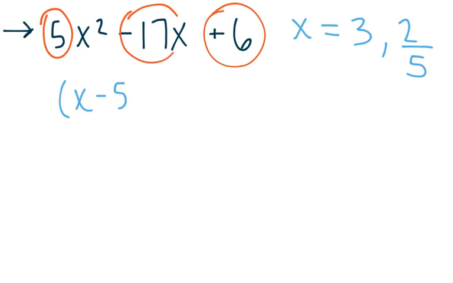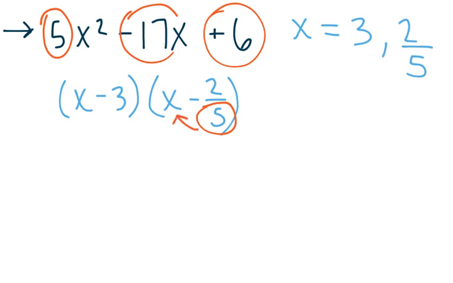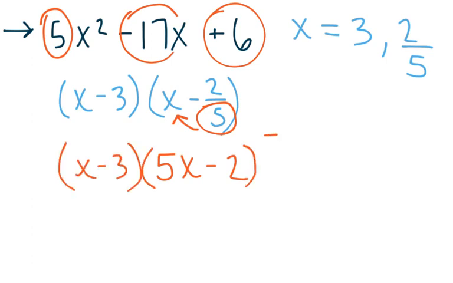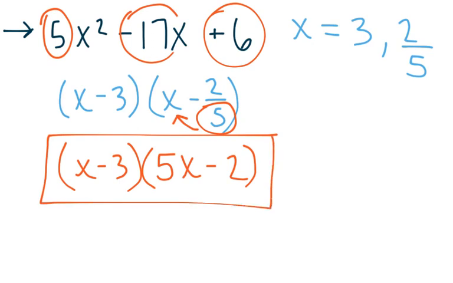I've got x minus 3 and x minus 2/5, but we can't have a fraction in our answer. So we're going to take the denominator 5, put it in front of x. So now we've got 5x minus 2 times x minus 3 for our final answer.